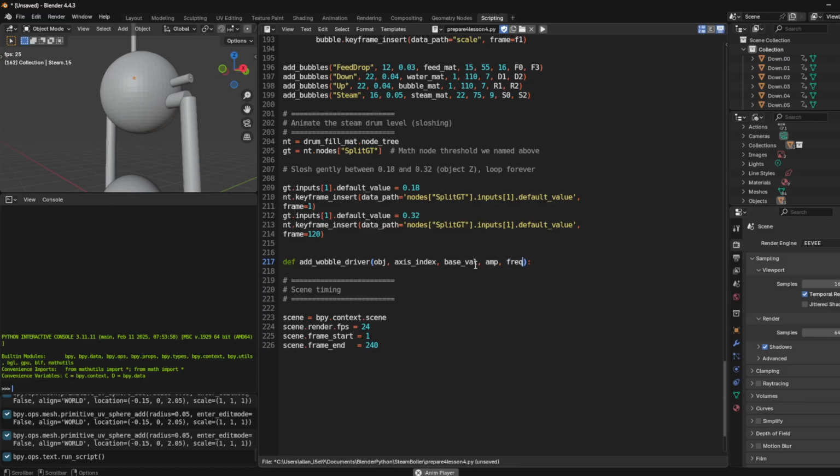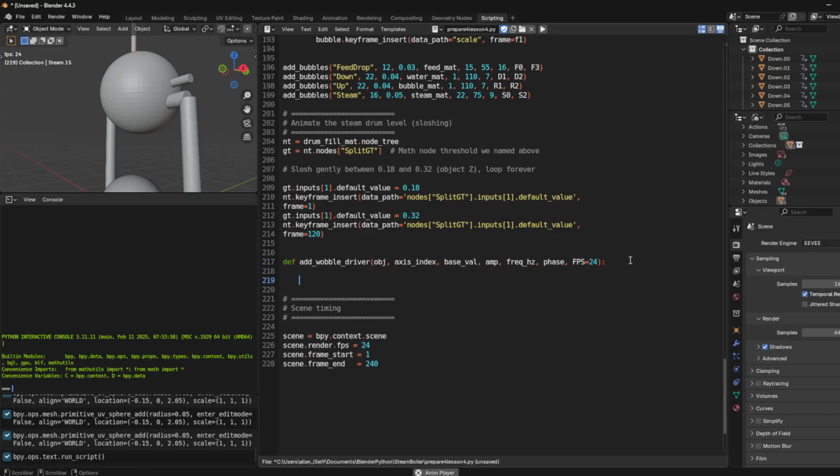Frequency, phase, frame, and FPS. The last three we're going to get into more later. I'm not going to tell you what they are just this second.